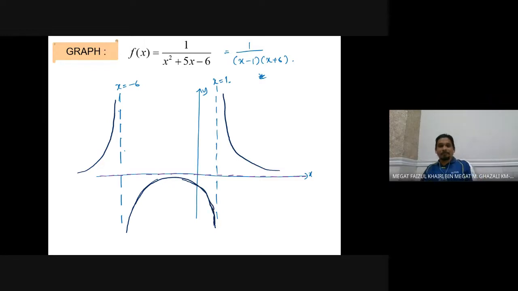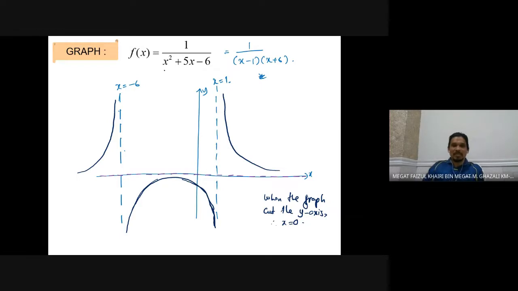Okay, now this is the graph. For some cases we need to find out at what point this graph cuts the y-axis. When the graph cuts the y-axis, then x equal to 0.